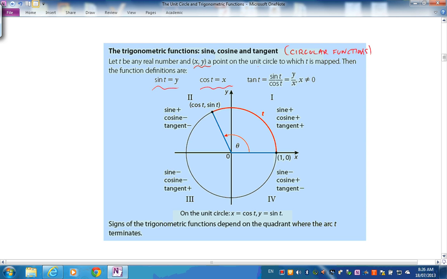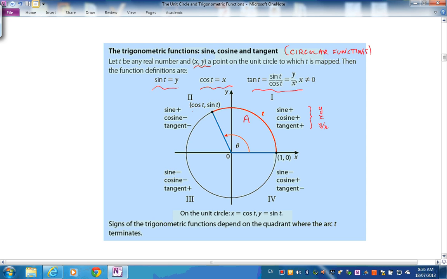You can find the sine, cos and tan of any point, any value, because you can think of that value as being wrapped around the circle. So let's summarise what's happening. In the first quadrant, x, which is the cosine, is positive, y is positive, and so y on x would all be positive. So they are all positive in that first quadrant.